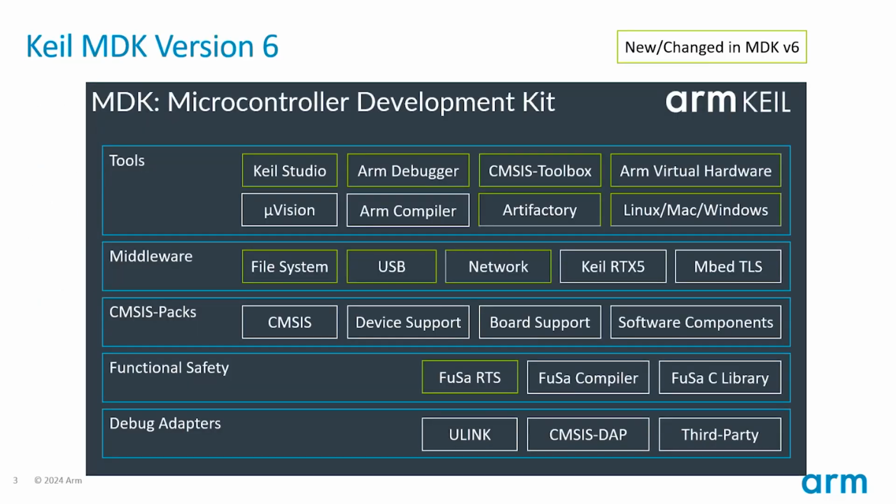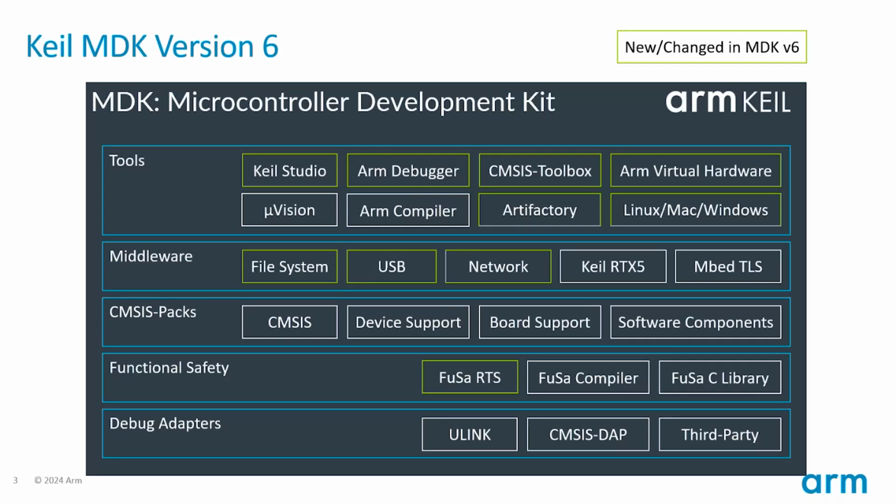So, what is Keil MDK version 6? It's a set of tools that are available to you for embedded development. And here in green, you will find basically the new additions or something that has changed in version 6 compared to version 5. So we have a new IDE called Keil Studio that I will show you later.